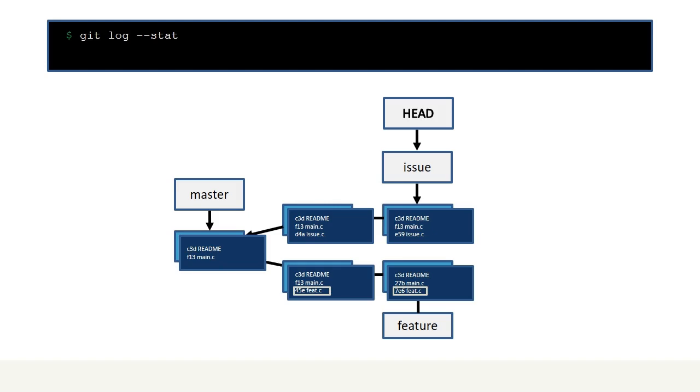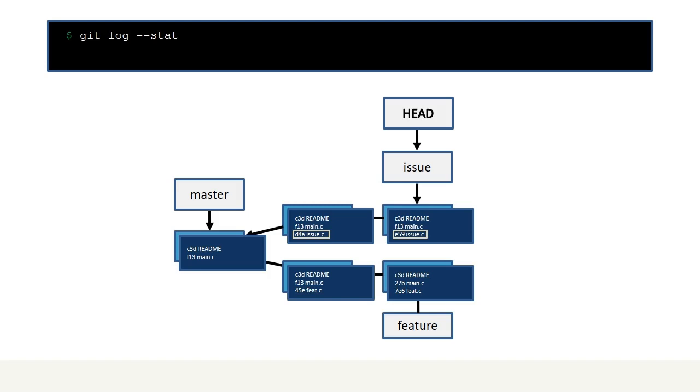Here's a slightly different one though, because the original commit didn't have feat.c, so it looks like I've added a file. 45e is the hash, and from that commit to the next commit, that same file, feat.c, has a new hash, therefore it must have changed. Now let's look at this last file.